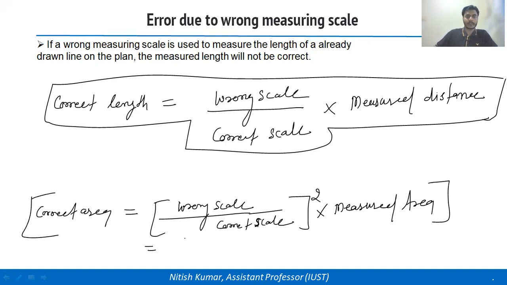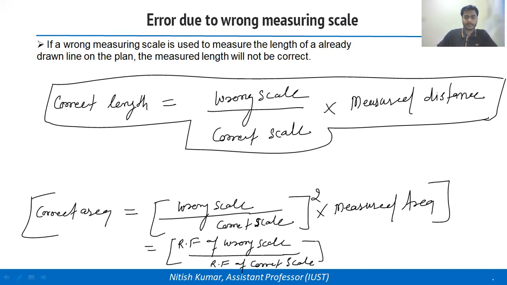Also this formula you can write as RF of wrong scale divided by RF of correct scale, the whole square, into measured area.